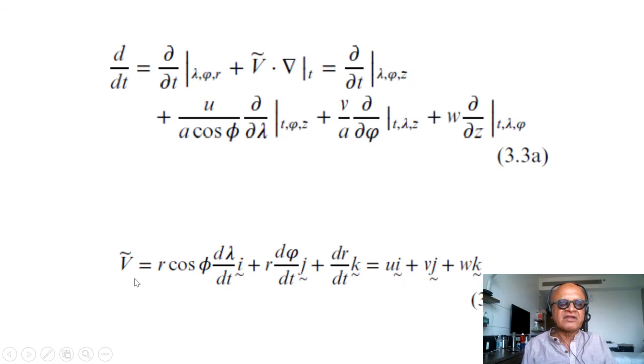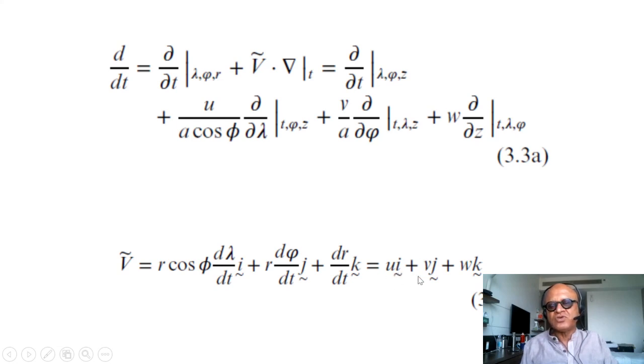So here vector v is r cosine phi d lambda/dt i plus r d phi/dt j and dr/dt k, because r is only a function in the z direction.